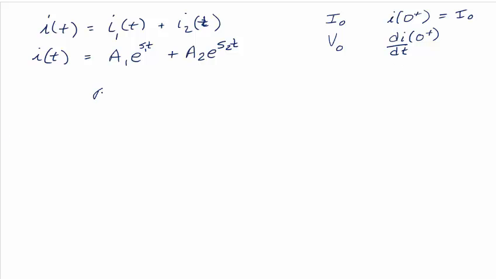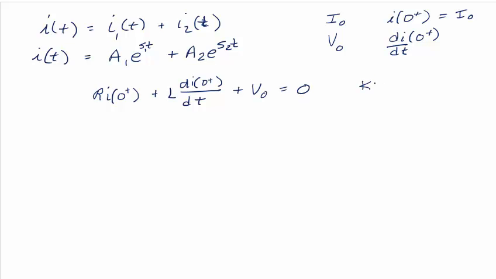And we can get that. So going back to our original differential equation and putting in an initial condition at time 0, or 0 plus, where we're looking at the behavior of this circuit. So we can have this plus L di at time 0 plus dt plus our initial voltage here equals 0.